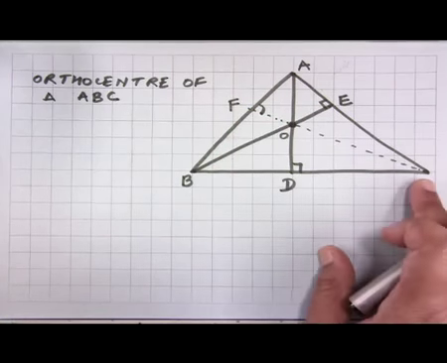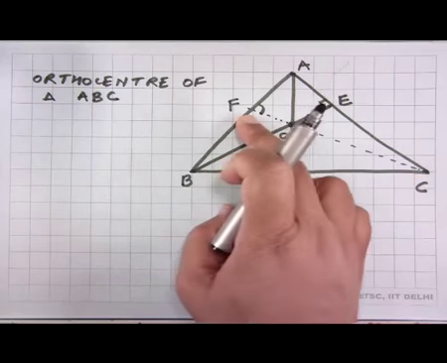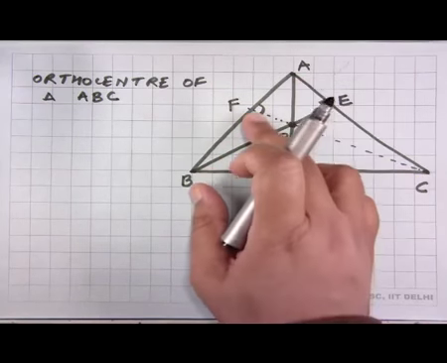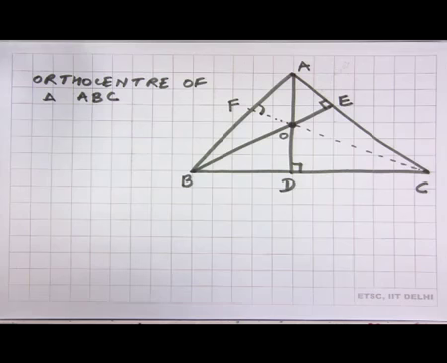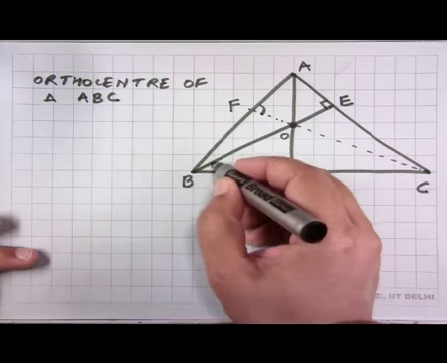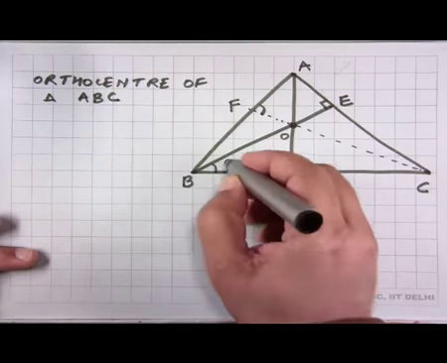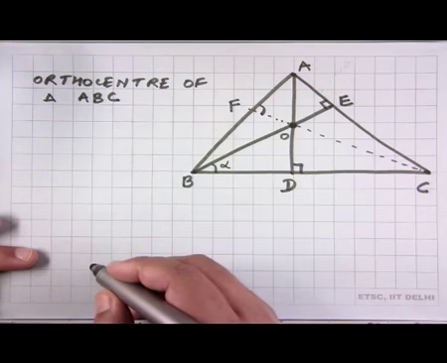So, essentially this straight line CF is perpendicular to the side AB of the triangle ABC. So, how do we prove this? To start with, let us denote this angle here by alpha.